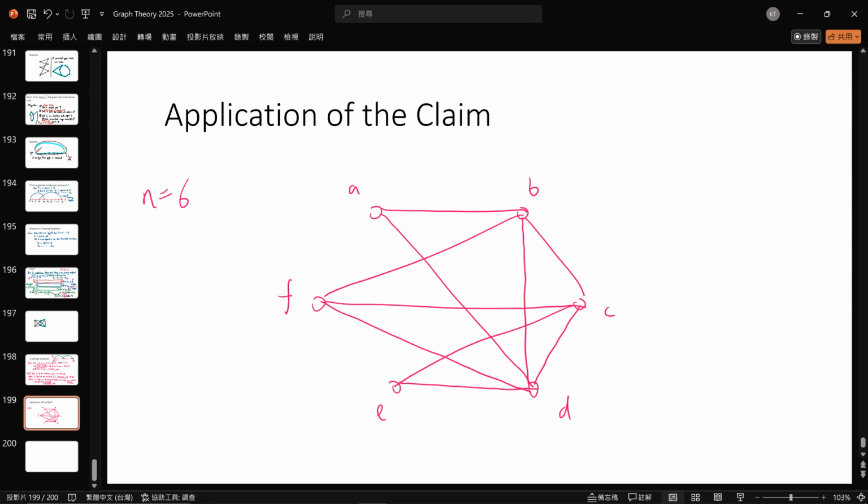And we can then add an edge between B and E. The degrees are 2 and 4, so we can add an edge.